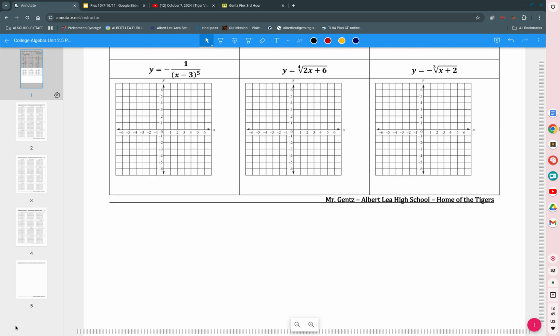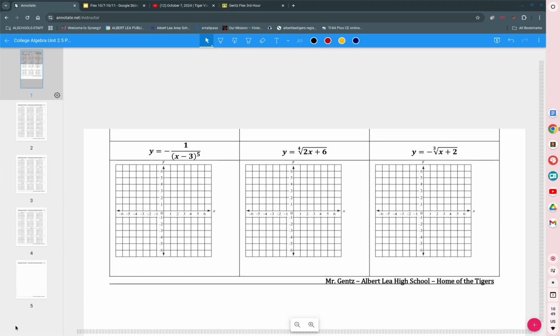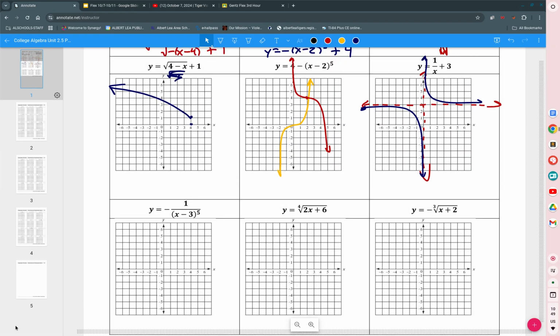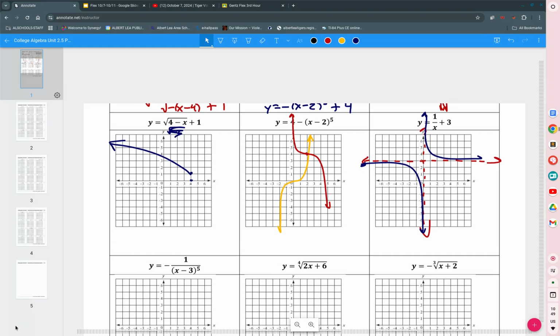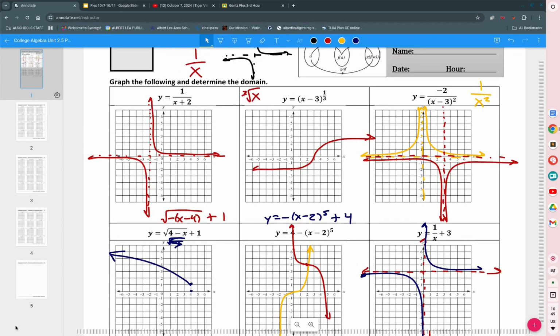Okay, the next one here, we have negative 1 over x minus 3 to the 5th power. This is something that's kind of important here. Notice that this is a reciprocal function because we have x in the denominator. Notice that the power is odd. So do you think it will look more like the first one or more like the third one?